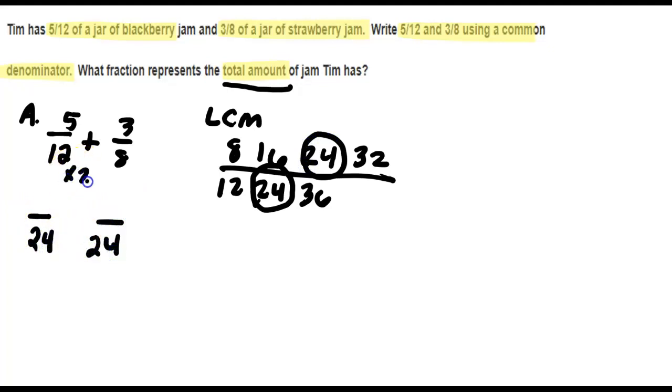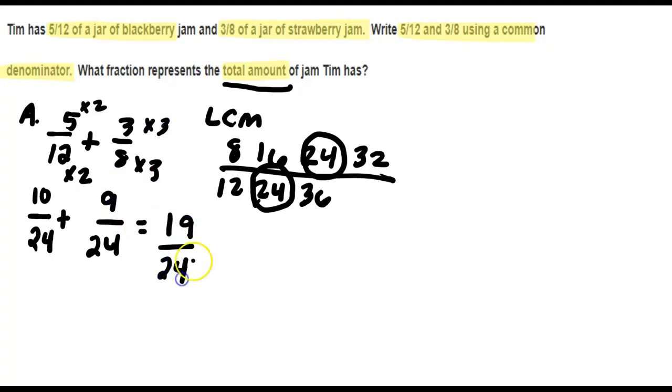So 12 times 2 is 24, so 5 times 2 is 10. Okay, 8 times 3 is 24, 3 times 3 is 9. When I add these two together, I get 19 over 24, and that is the total amount of jam. So he has 19 24ths of jam.